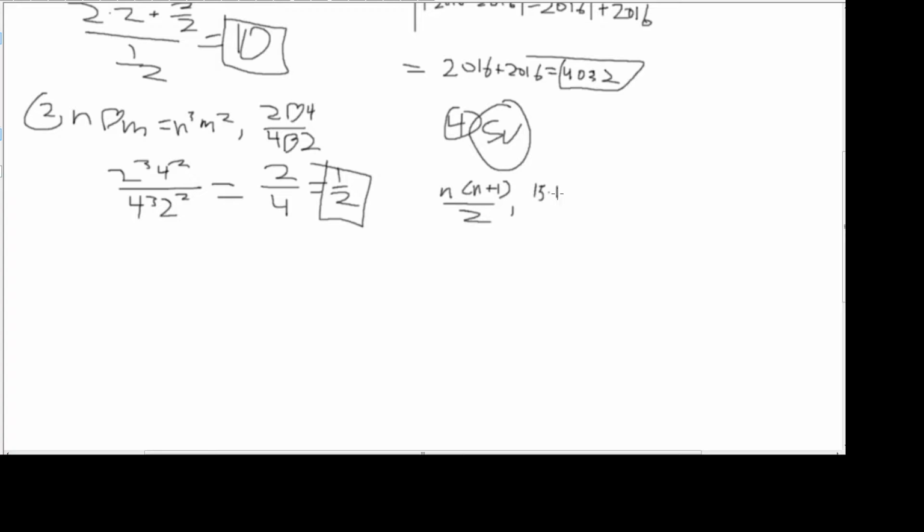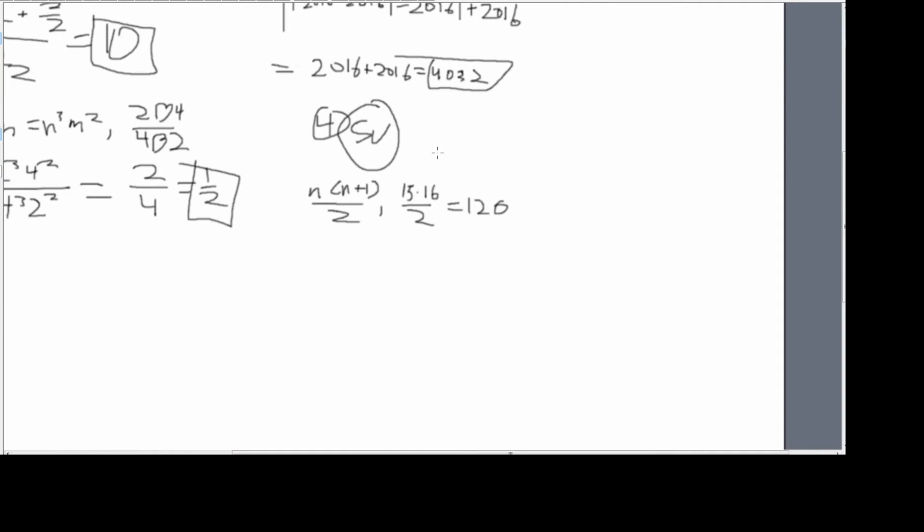So it's going to be 15 times 16 over 2 because it's 15 books, which is equal to 120. So now we're going to have to make 120 congruent to x modulo 7. And then whatever x is going to determine the day.